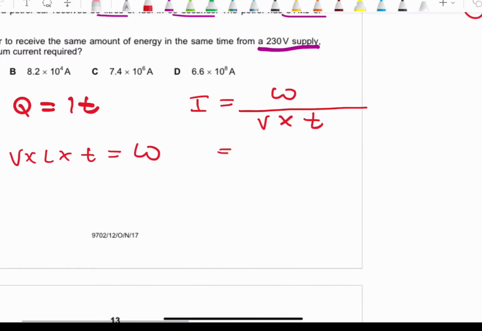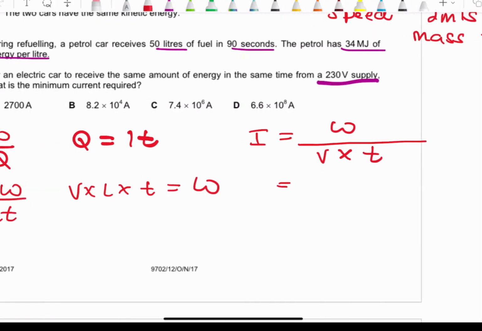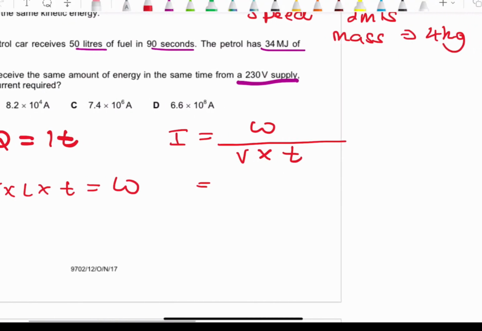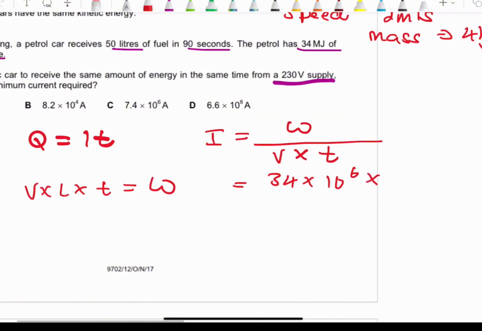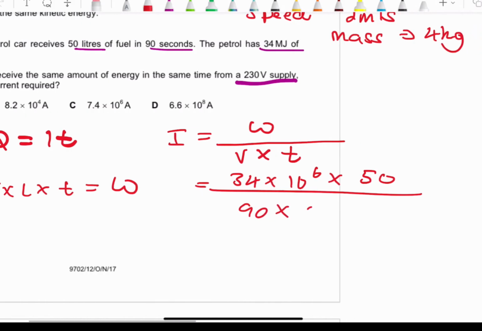But what is your work? If we have 34 millijoules per liter, that's going to be 34 times 10 to the power of 6. How many liters do you have? You have 50 liters. What is the time? 90 seconds. What is the value of V? 230. If you compute this, you're going to find the current that is going to be supplied, which is the minimum current.